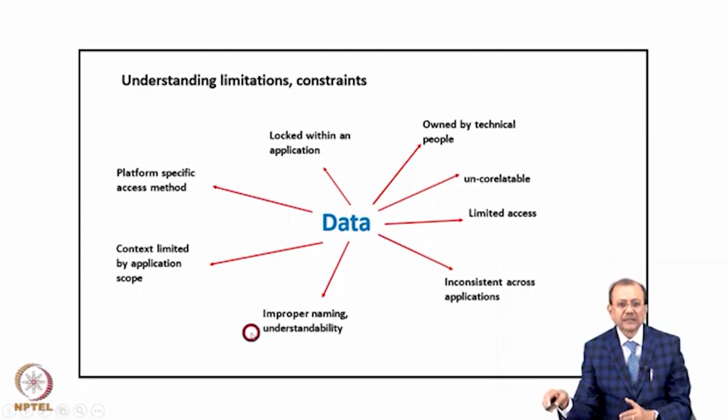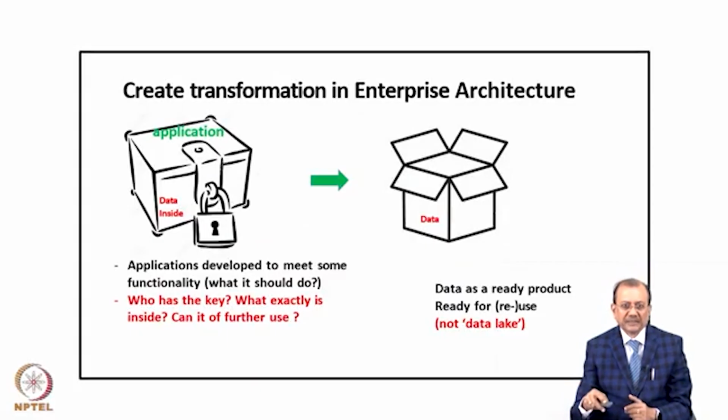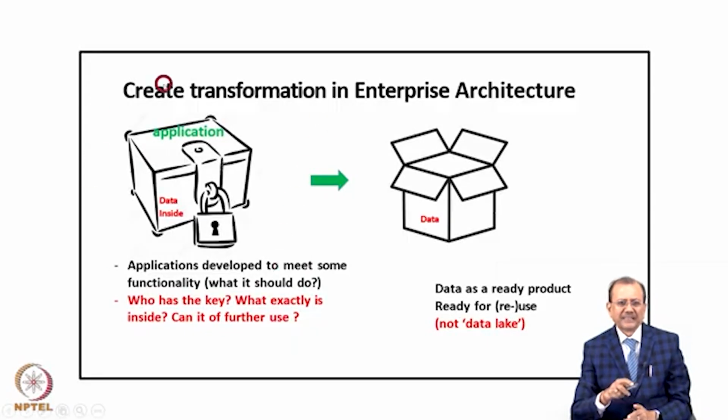So these kinds of limitations have been realized, and the question is whether data management and data governance policies can help to overcome these kinds of constraints or limitations. This is a very holistic picture that I'm showing you over here. This is the current status: we have this application and the data has been locked.